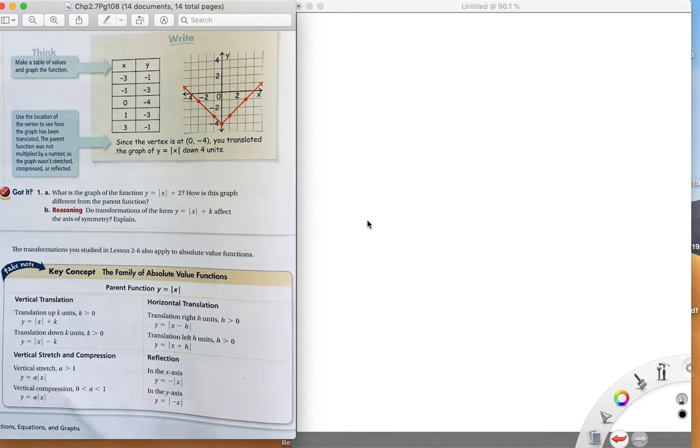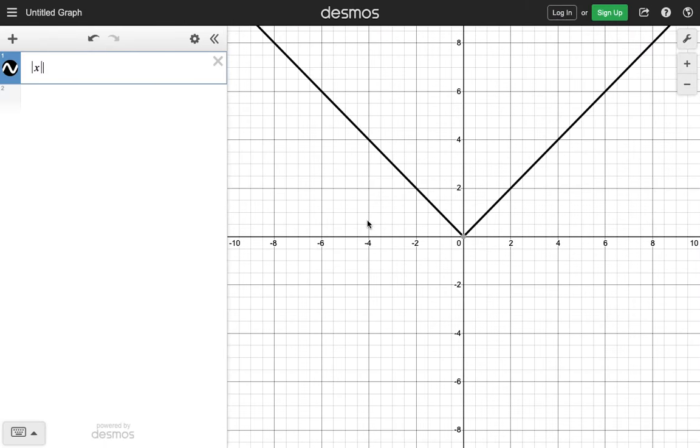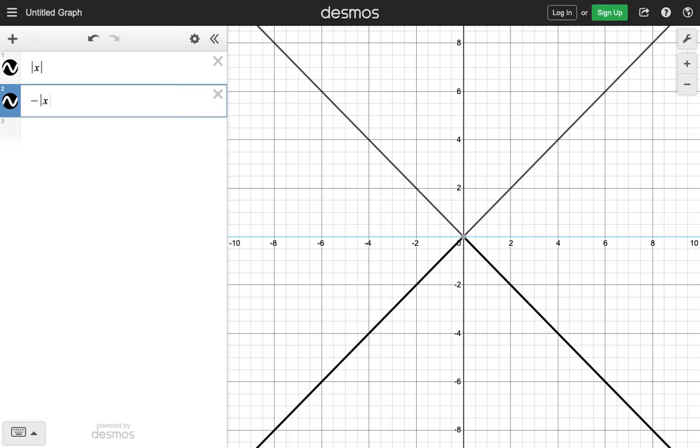If we were to do a reflection and we had the negative sign outside the absolute value symbol, it reflects across the x-axis.